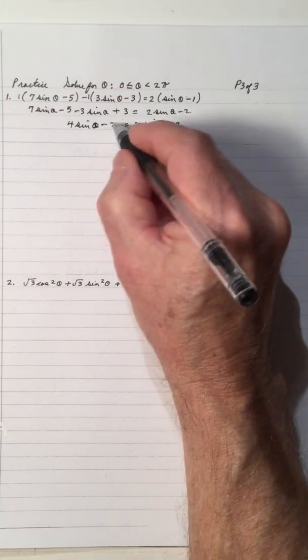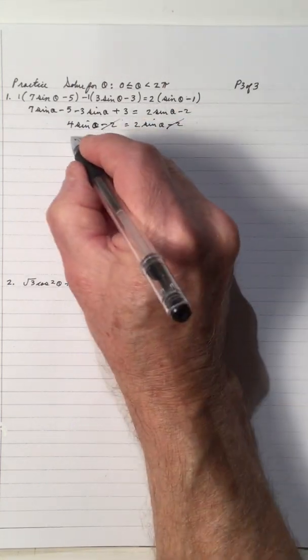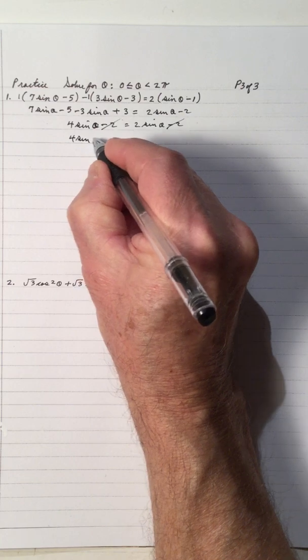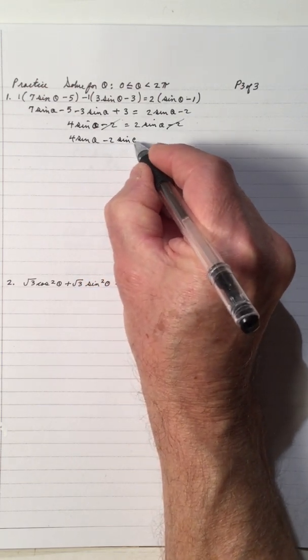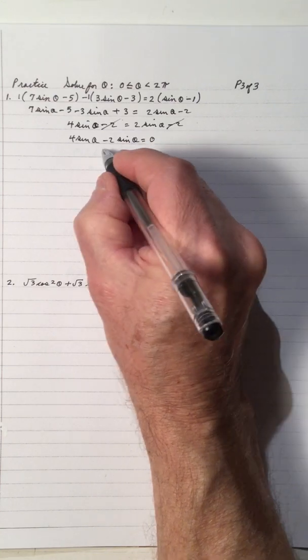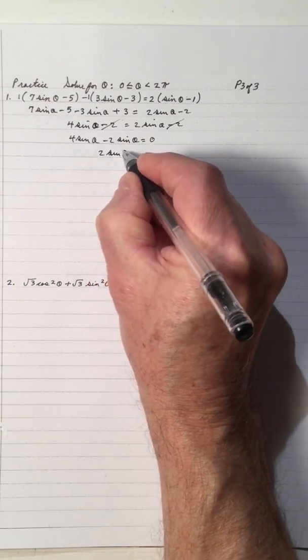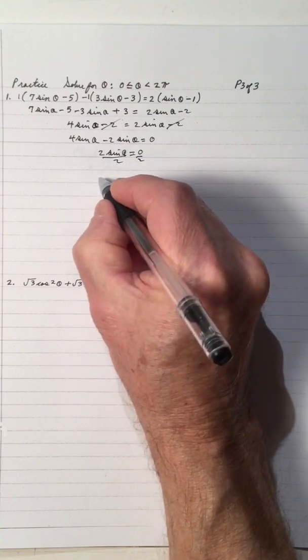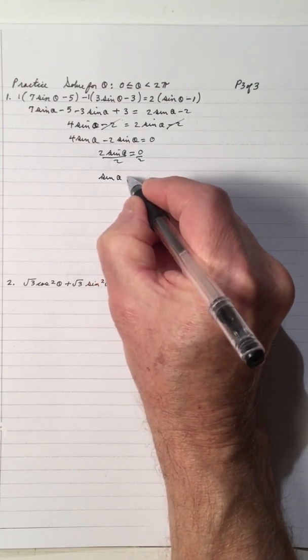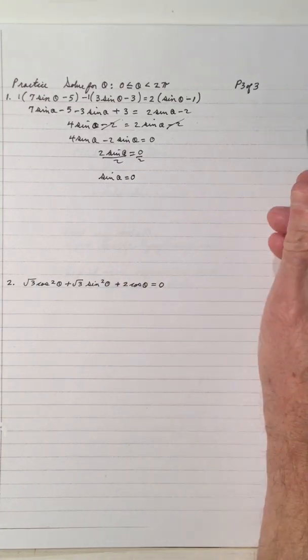Notice the minus 2's are on each side, so we can cancel them. So 4 sine theta minus 2 sine theta equals 0. So 2 sine theta equals 0. Divide by 2. So sine theta equals 0.